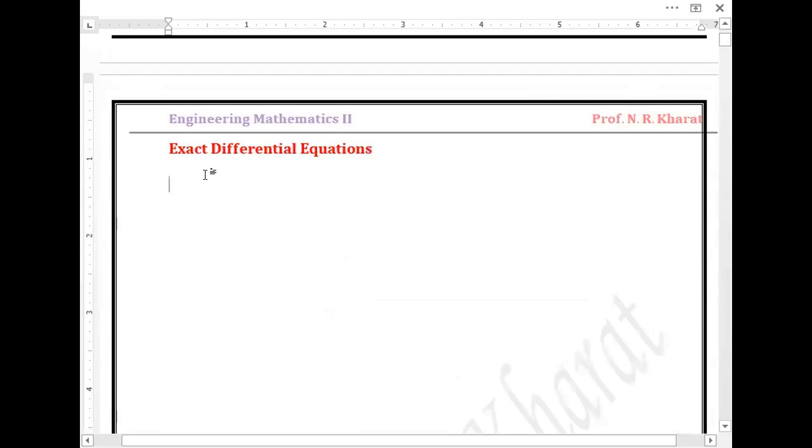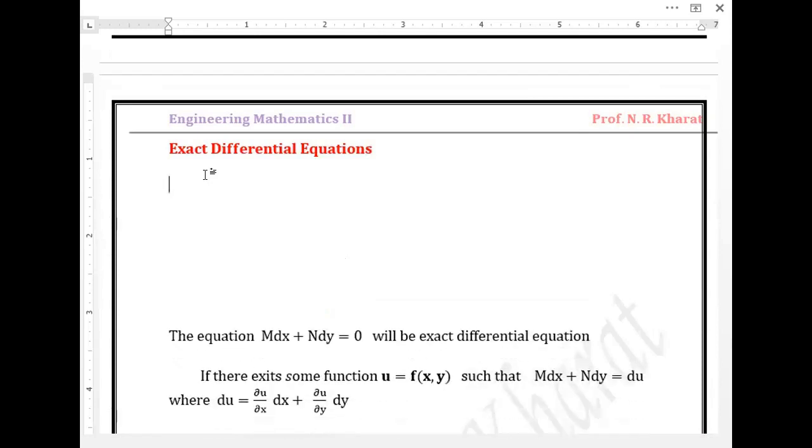So what does it mean by an exact differential equation? We know the differential equation of the form M dx plus N dy equal to 0.